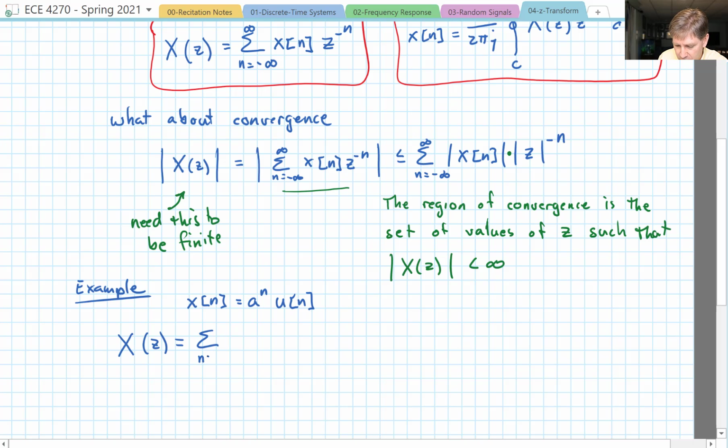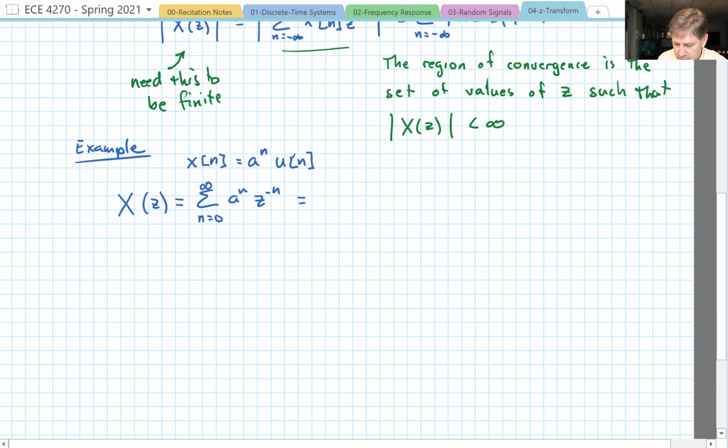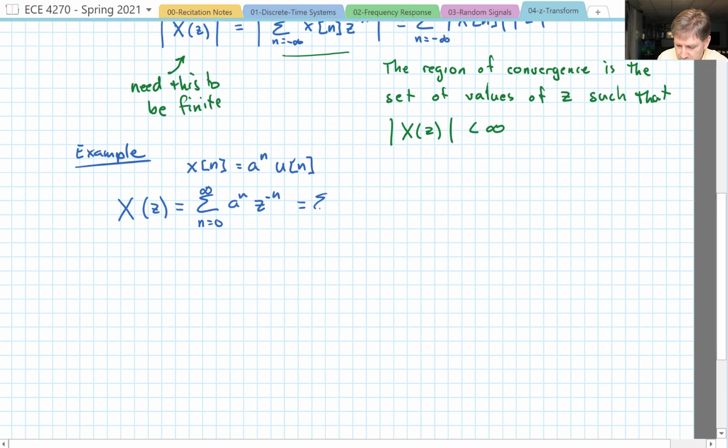Because of the u, we can just start at 0 and go to infinity of a to the n raised to the power of n, Z raised to the negative n, which is just the sum from n equals 0 to infinity of a Z to the minus 1 raised to the n.